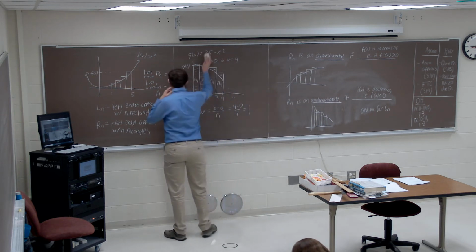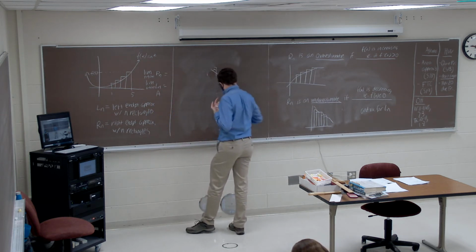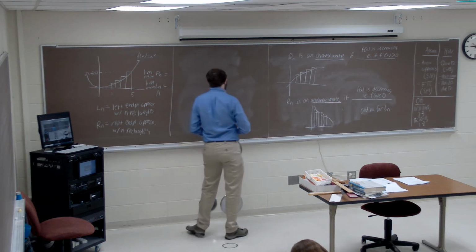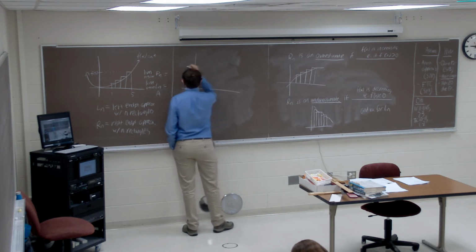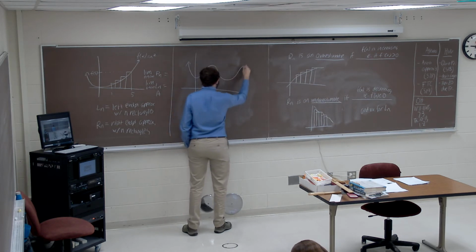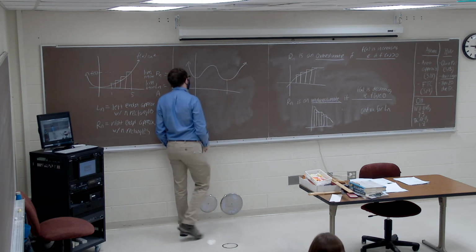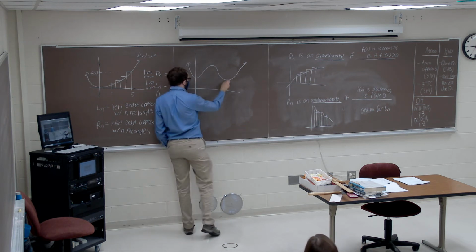So, question. What do you think would happen if we had a function that did something like this, and we were trying to approximate this area with, say, a right endpoint approximation?